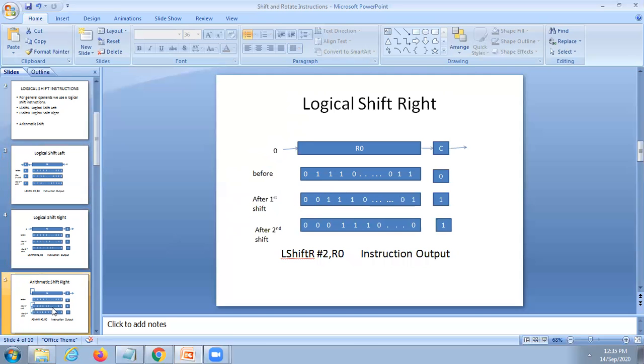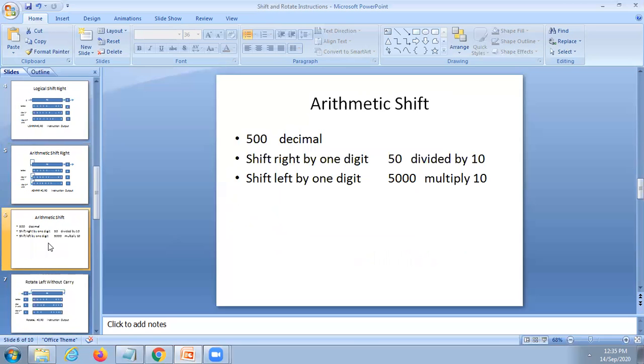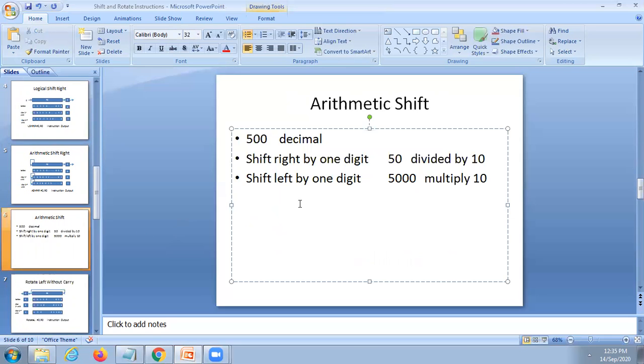Nothing else. That is the shift operation. Then, by taking an example, we will see what we mean by arithmetic shift, how it will be used for dividing and how it will be used for multiplication.